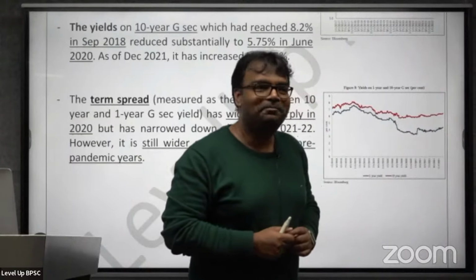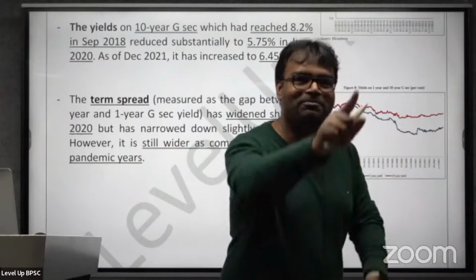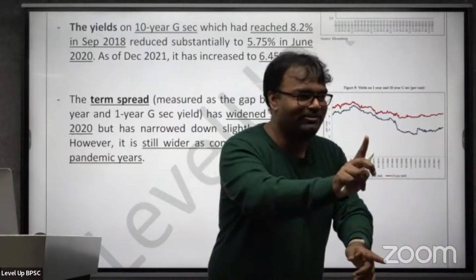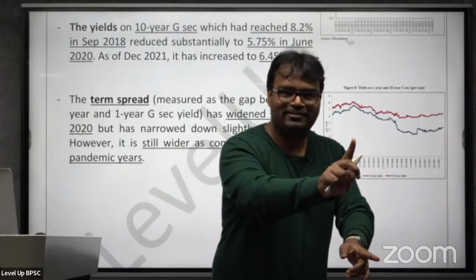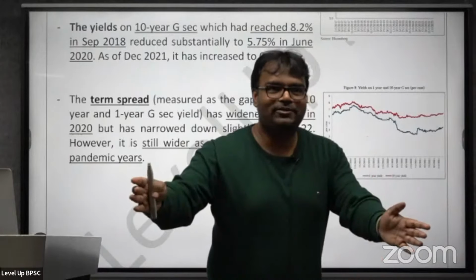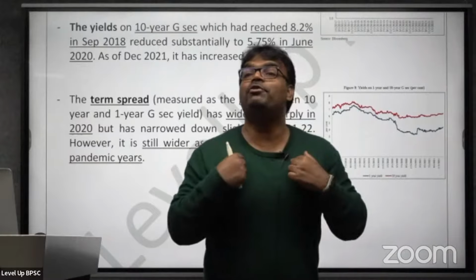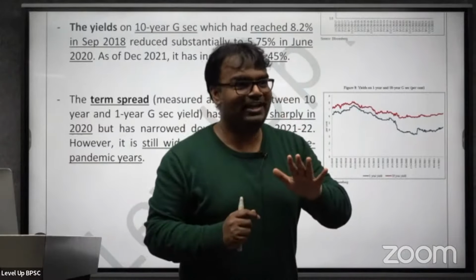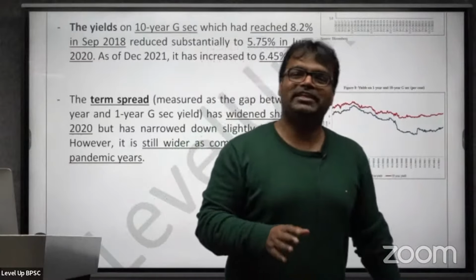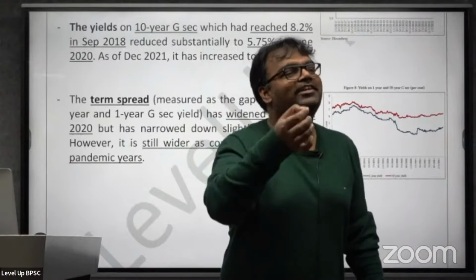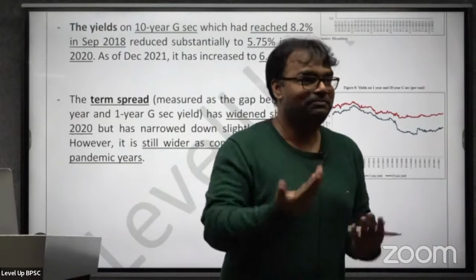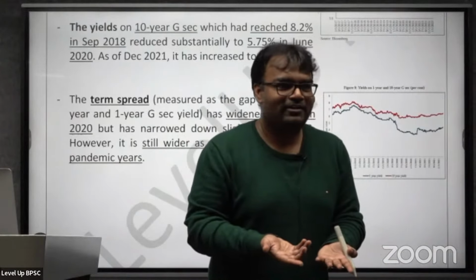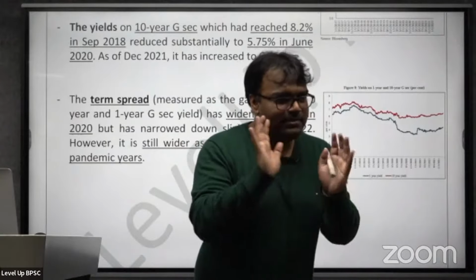Why reduction? Because more people were ready to buy government bonds, at least short term में, because short term में economy is not doing well. Because of COVID-19 and all, economy was not doing well. So where do I want to invest? I want to invest जहां पे stability है, more people are buying. Government is saying, oh, so many people, let's reduce the interest rate a bit more, because interest rate is what government will have to pay, right? समझ में आ रही हैं चीजें?